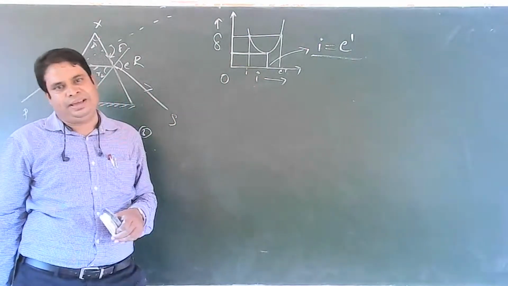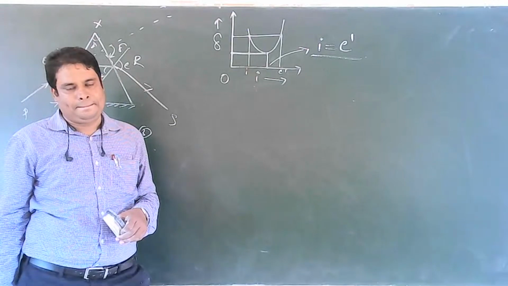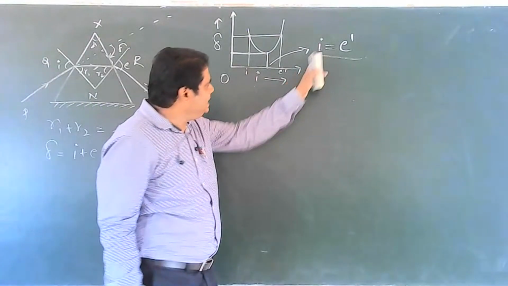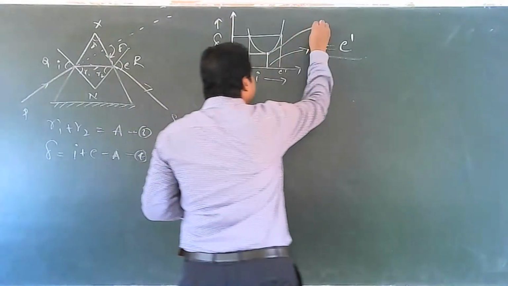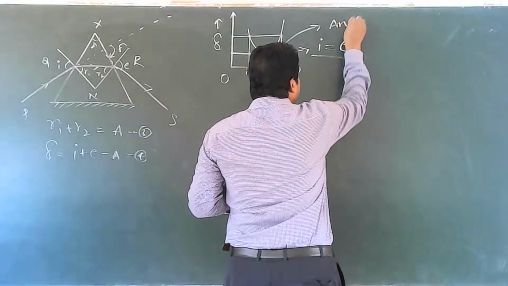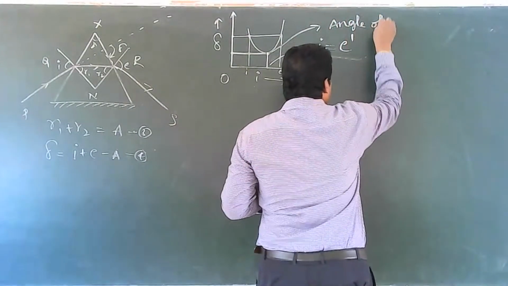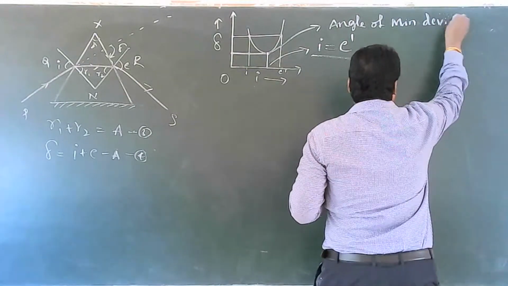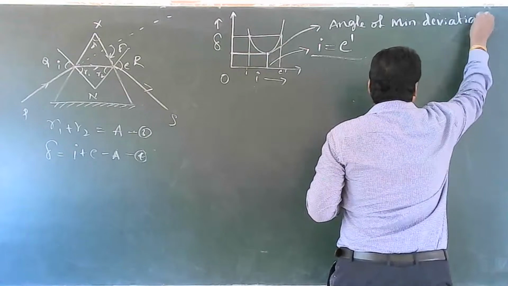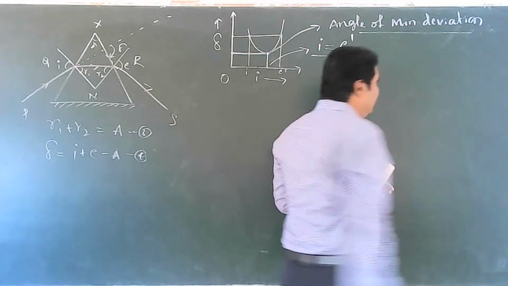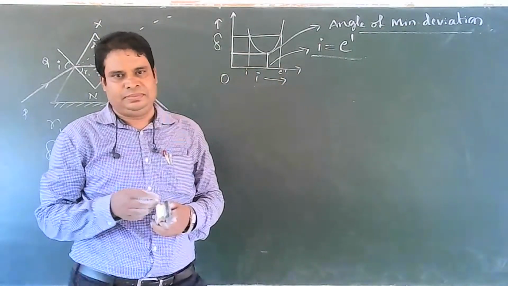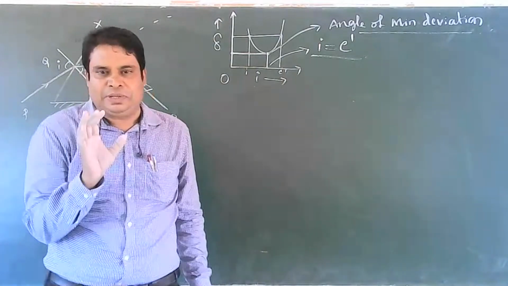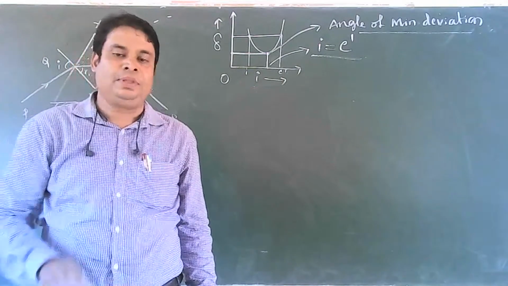Angle of incidence is equal to angle of emergence. This condition is called angle of minimum deviation. I will explain this much only, for simplicity.